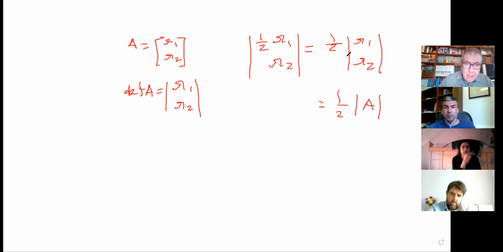So when you do this operation, if you still want to have the determinant of A, you have to multiply by 2.